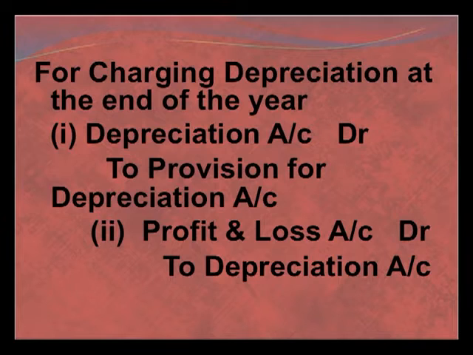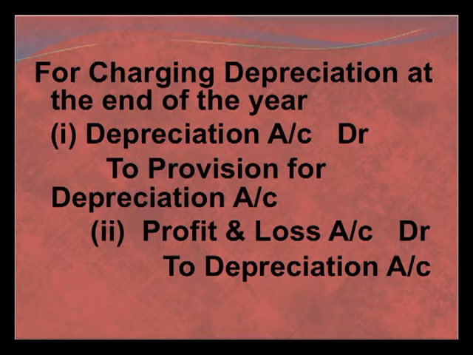Let's see what happens in the second case when we maintain the provision for depreciation account. For charging the depreciation at the end of the year, we will transfer the depreciation to provision for depreciation account by passing the entry depreciation debit to provision for depreciation account. This depreciation will be transferred to profit and loss account, and the entry will be profit and loss debit to depreciation.